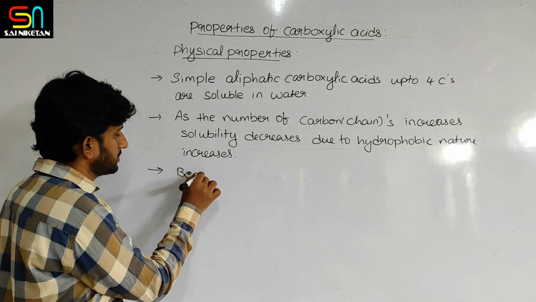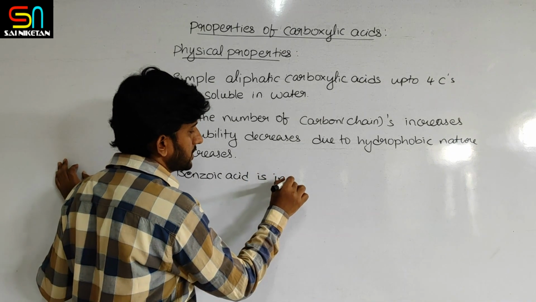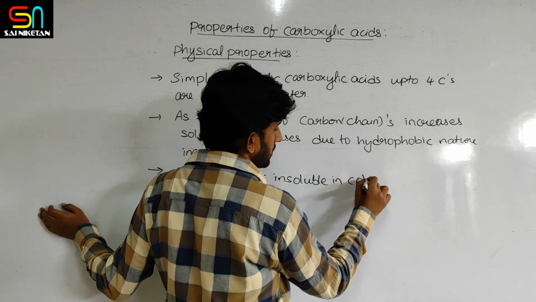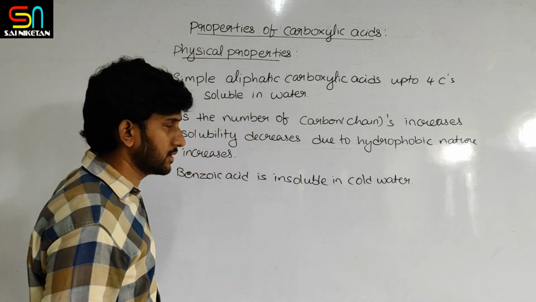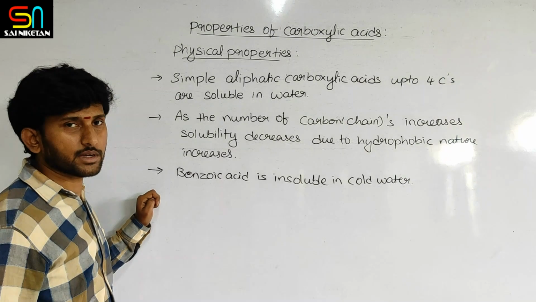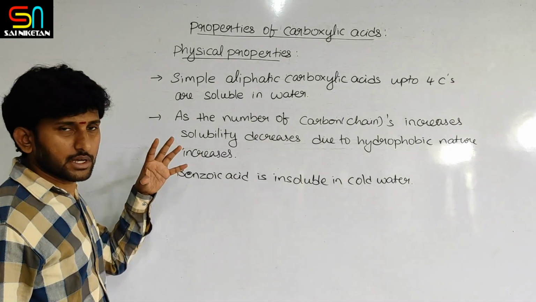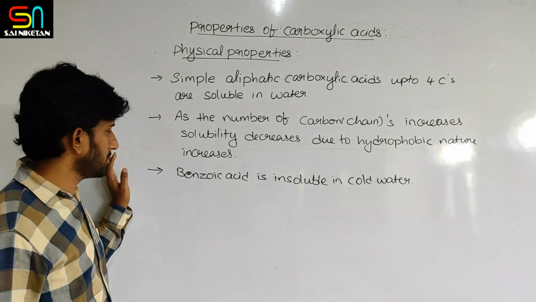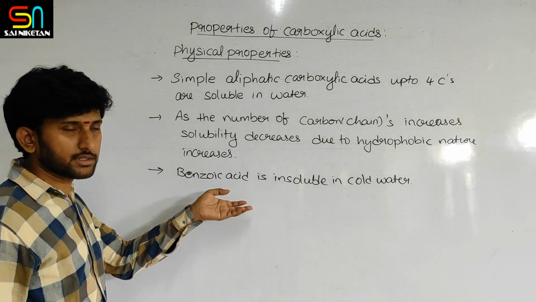Benzoic acid is insoluble in cold water. So aliphatic carboxylic acids, at least up to 4 carbons, are soluble in water. As the carbon chain increases, hydrophobic character increases, so solubility decreases. Benzoic acid, first of all, is insoluble in cold water. Other aromatic carboxylic acids are insoluble.